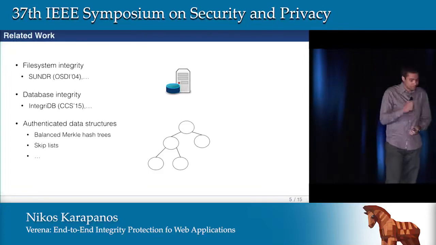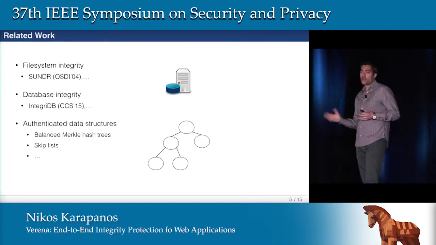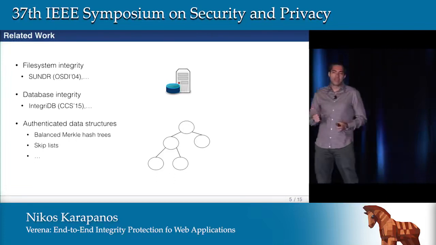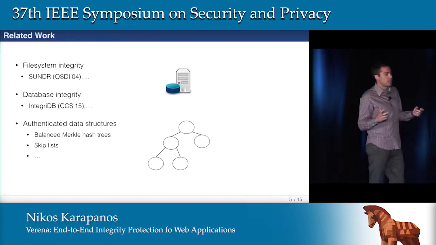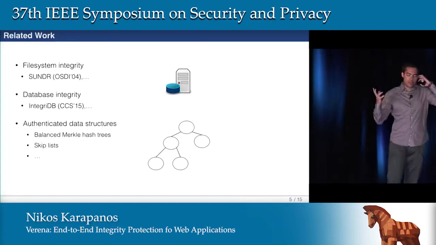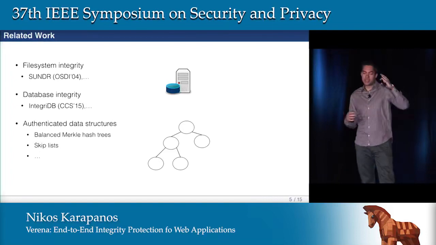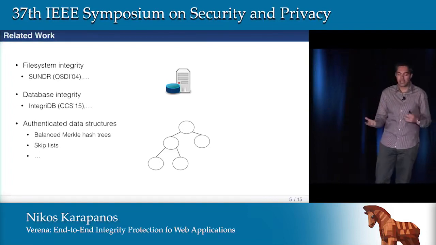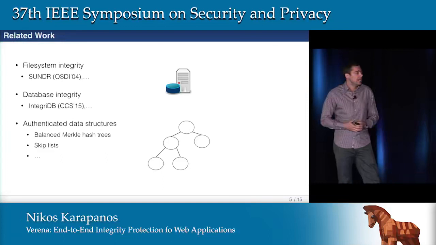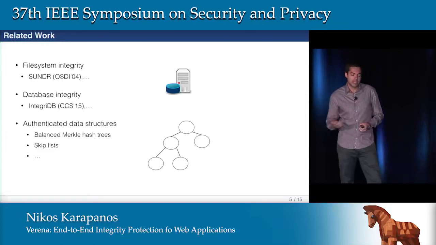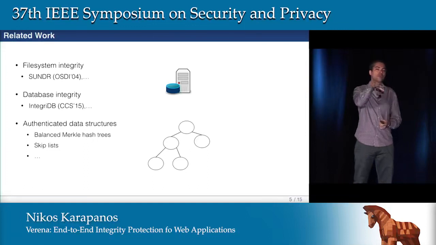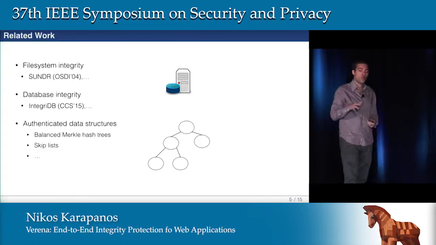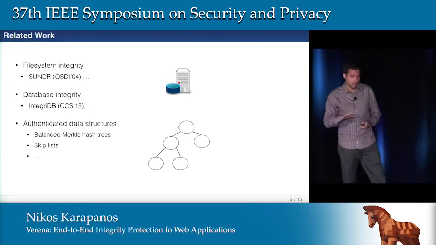And many of those papers introduce or make use of what we call authenticated data structures in order to protect the integrity of information. Those data structures come in various forms. Just to give you a couple of examples, it can be some sort of balanced Merkle hash tree or skip lists. And what they essentially offer us is that we can protect the integrity of a particular query run over, for example, a database. And actually, in our system, we do make use of and build on top of these data structures.